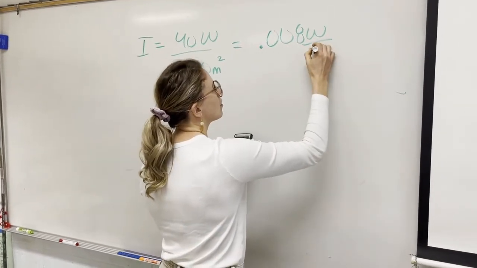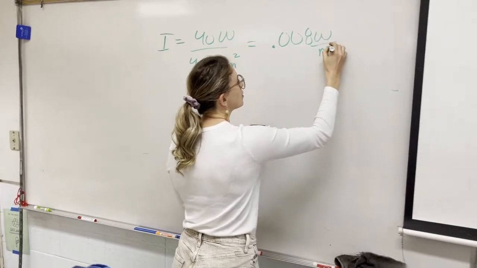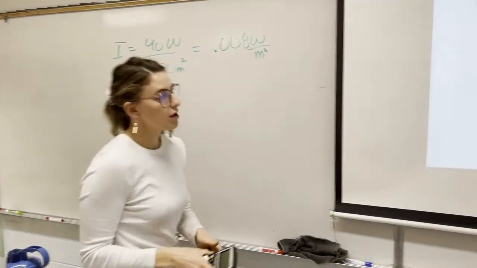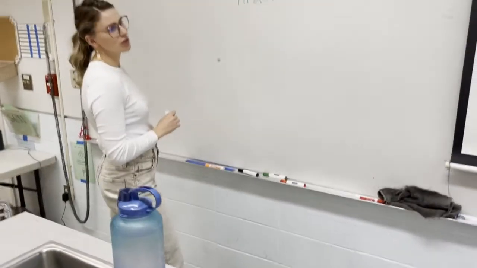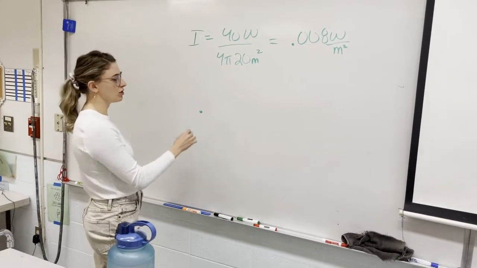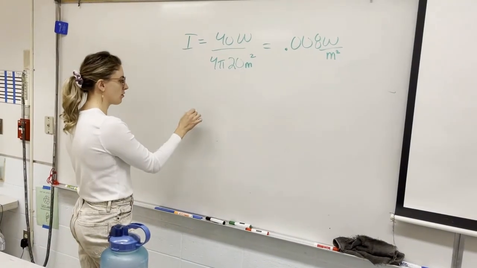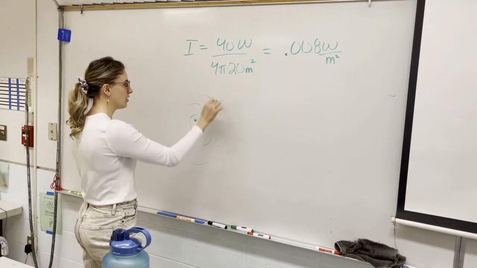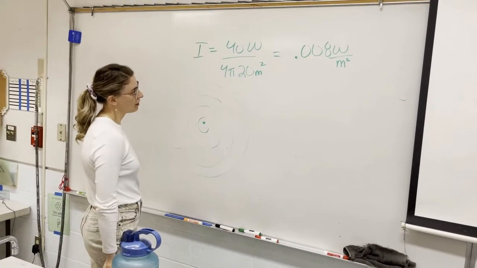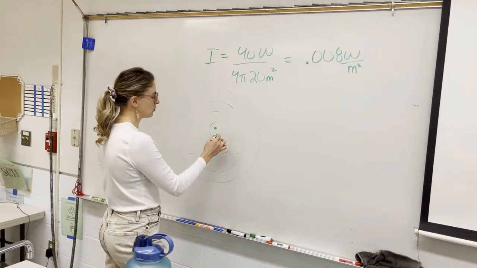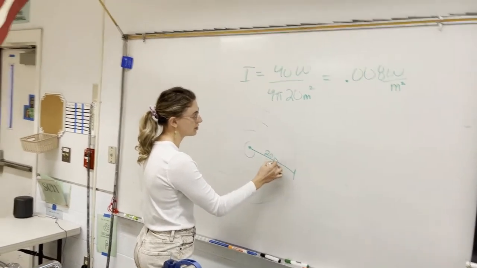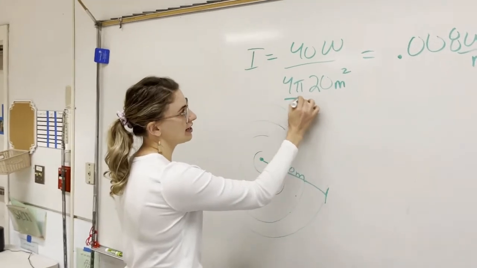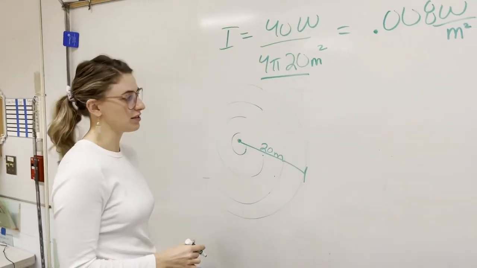So you've got a bubble that has a radius of 20 meters. That's a huge bubble. Just to draw this out, you've got the amplifier, and the sound is going out in all directions. As we get further and further away, we'll call this 20 meters, that intensity is represented by the area of that sphere.